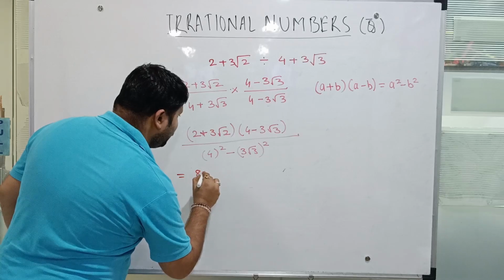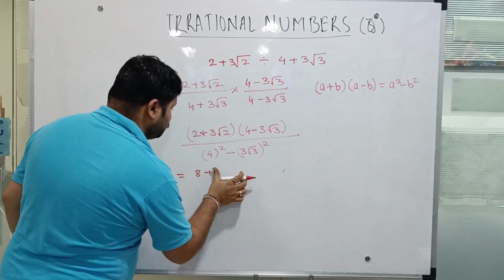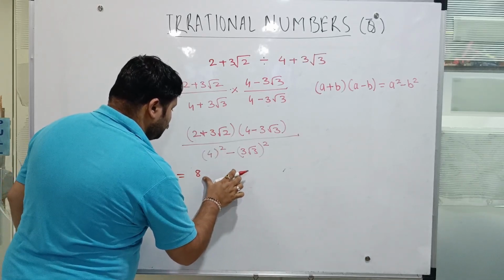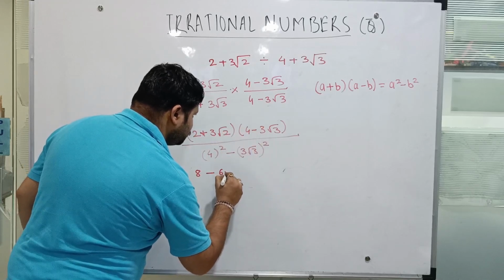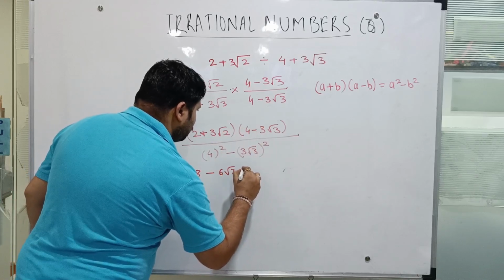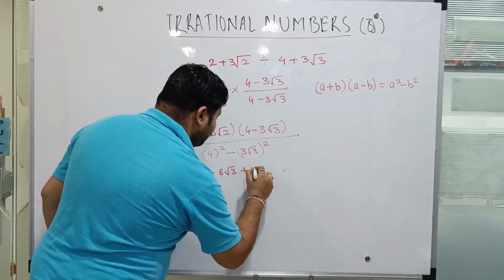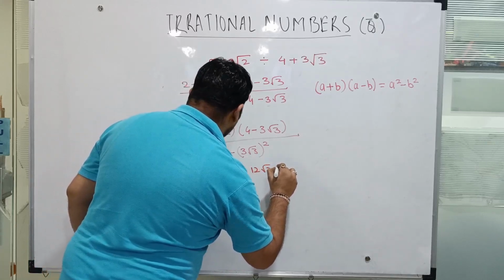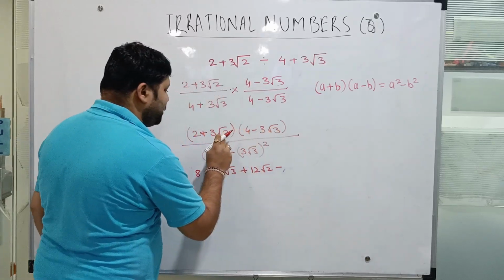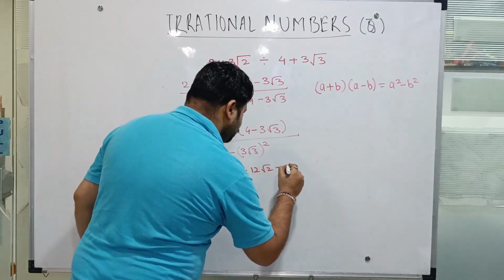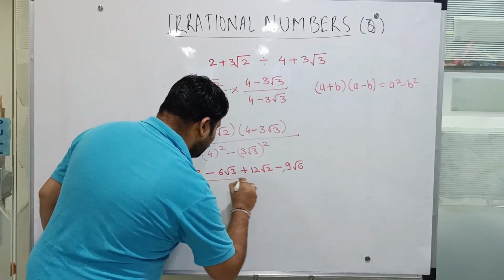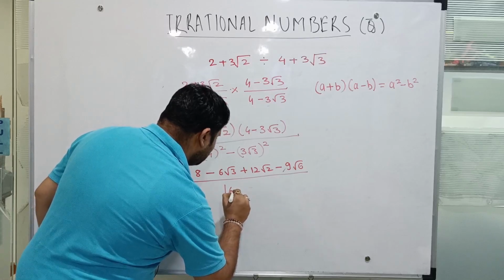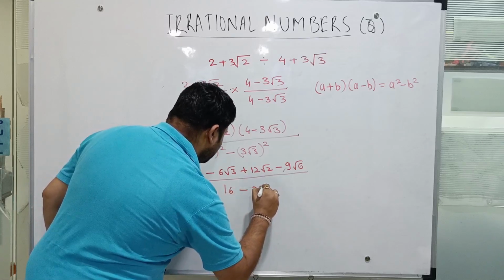So it would be 8 minus 2 3s are 6, so 6 root 3 plus 12 root 2 minus 3 3s are 9 and 6, so it would be 9 root 6, divided by 16 minus 27.